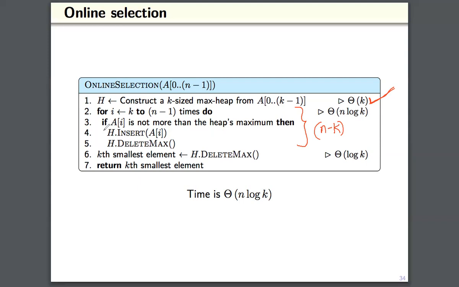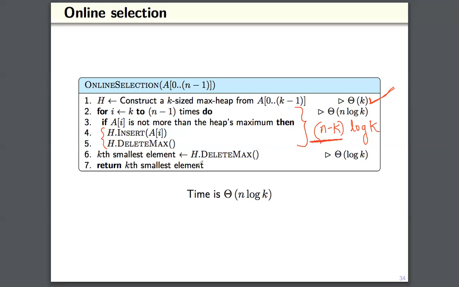times. Insert takes log k time, delete max takes log k time. Why log k? Because there are only k elements in the heap. Log k for insert, log k for delete max, but you do this n minus k times.